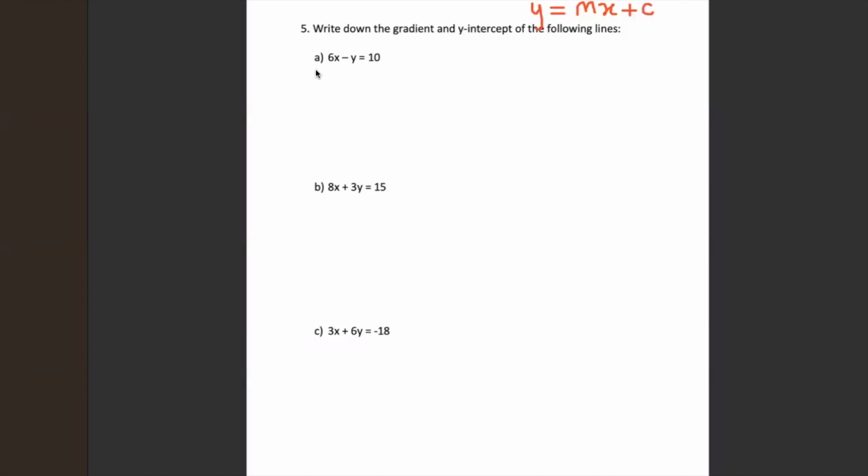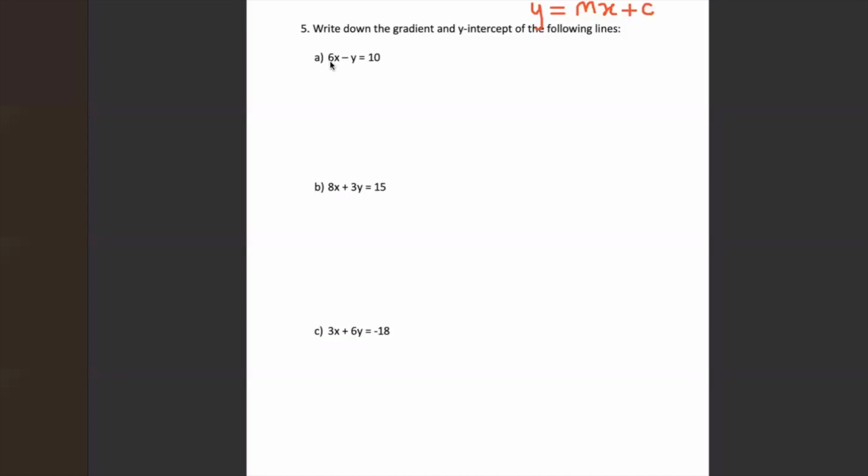So if we look at the first question, it is 6x minus y equals 10. We have to rearrange the equation so that it becomes y equals mx plus c. Y equals something there, okay? On the left-hand side of the equals, we have 6x minus y.